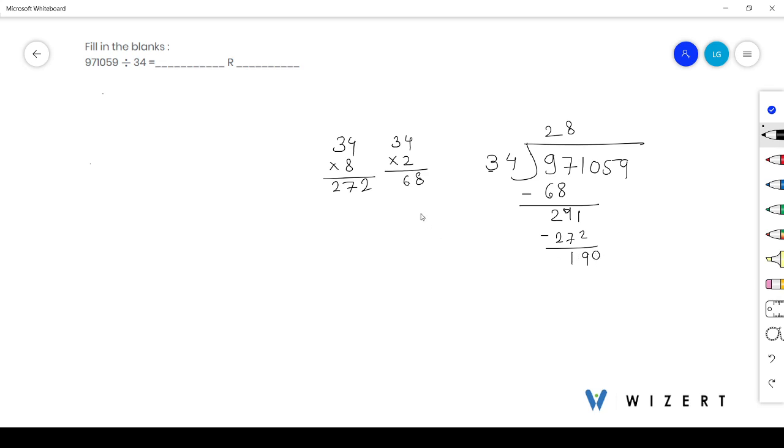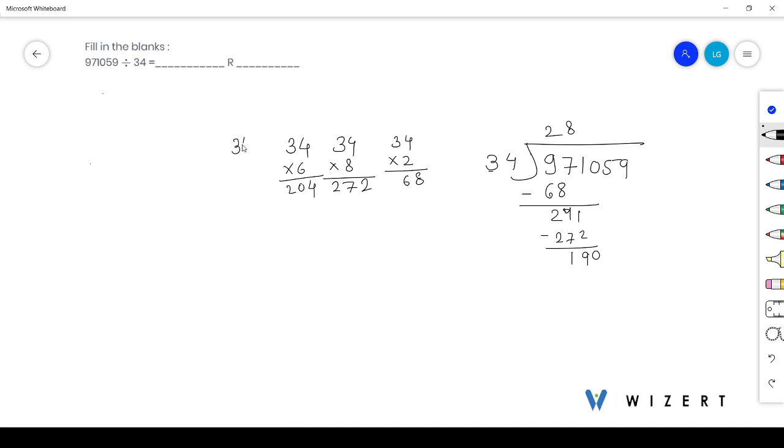Now before 19 there is a 18 in 3's table, which is 6 times. We can check 6. 6 4s are 24, 2 carry forward, 6 3s are 18 plus 2 is 20, 204, which is greater than 190.